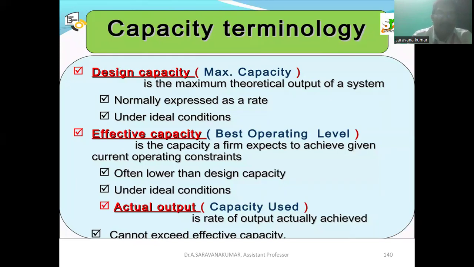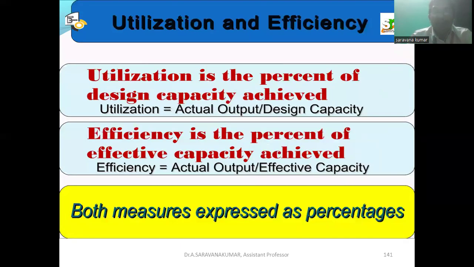Then effective capacity, the best operating level, is the capacity a firm expects to achieve given current operating constraints. Constraints are problems that you analyze. It is often lower than design capacity under ideal conditions. Actual output is the rate of output actually achieved and cannot exceed effective capacity. So these are the capacity terminologies.